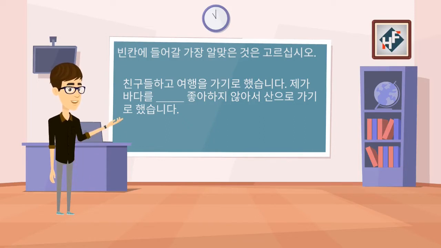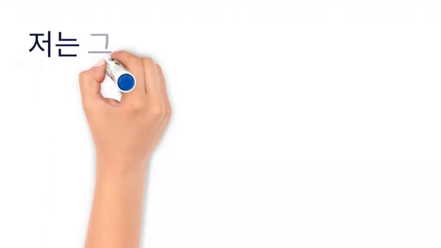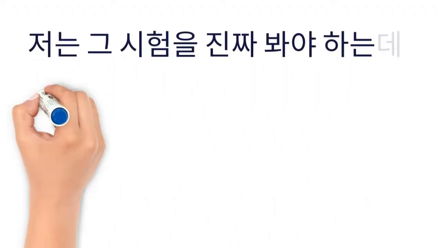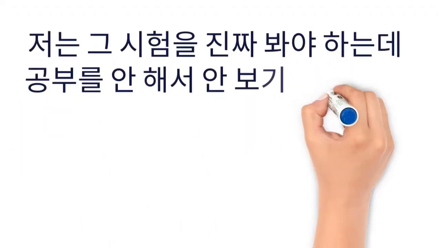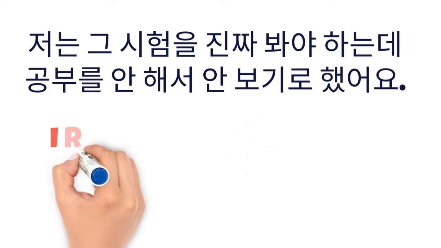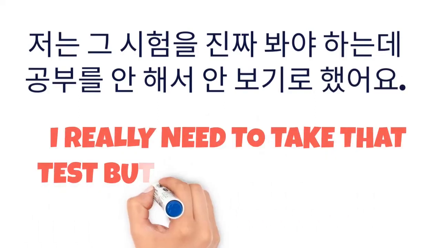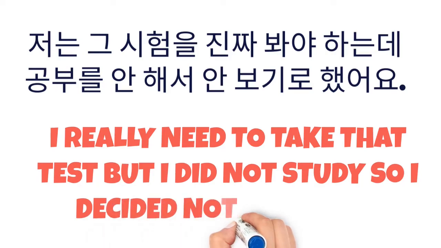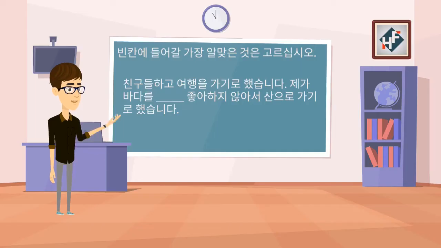do something. Okay? So for example, 저는 그 시험을 진짜 봐야 하는데 공부를 안 해서 안 보기로 했어요. Okay? I really need to take that test but I did not study so I decided not to take it. One more thing guys, pag yung action before kiruhada was supposed to happen but doesn't, it is often translated to supposed to do. Okay?